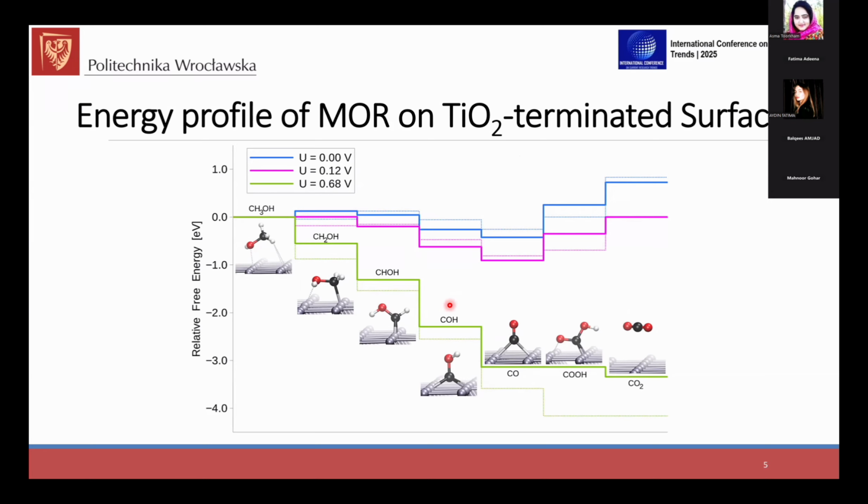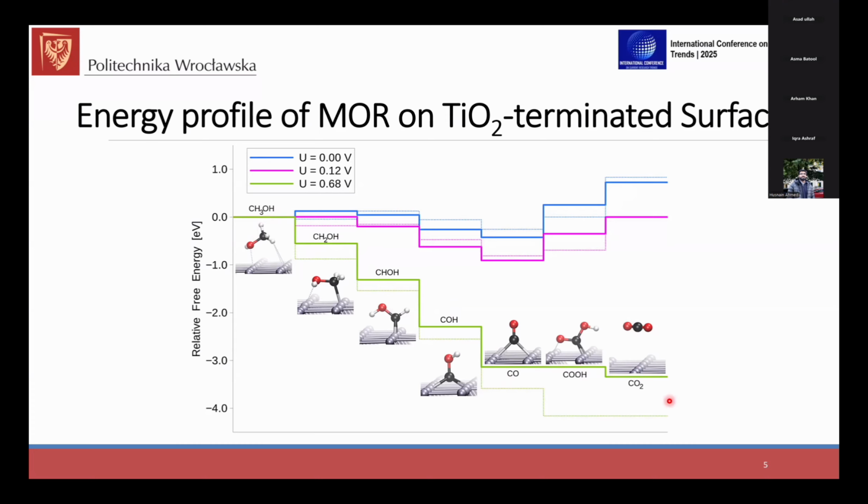The profile reveals that methanol first undergoes carbon hydrogen bond cleavage, going from CH3OH to CH2OH and further, and at the last CO2 will be produced. The main point is that CO reacts with water, with the hydroxyl group, to form the carboxyl COOH intermediate before releasing carbon dioxide.